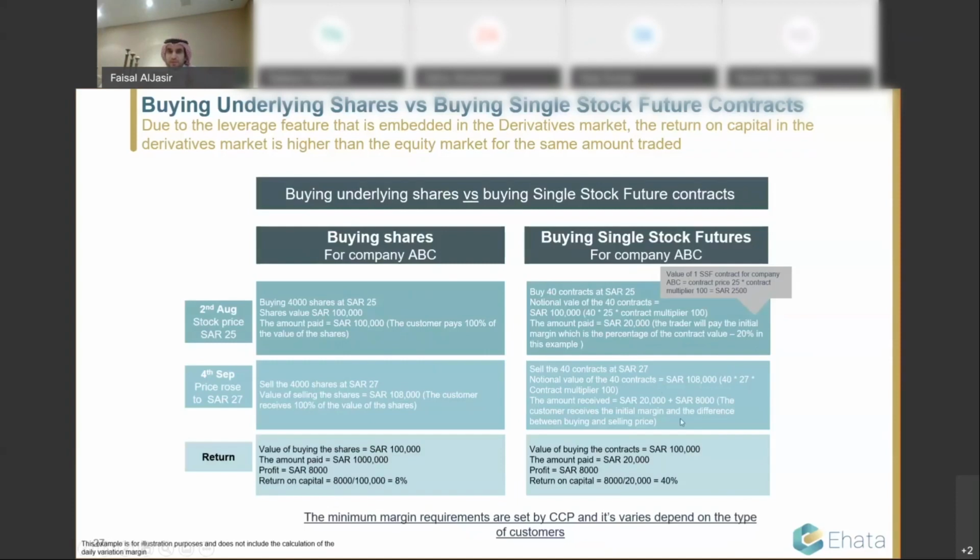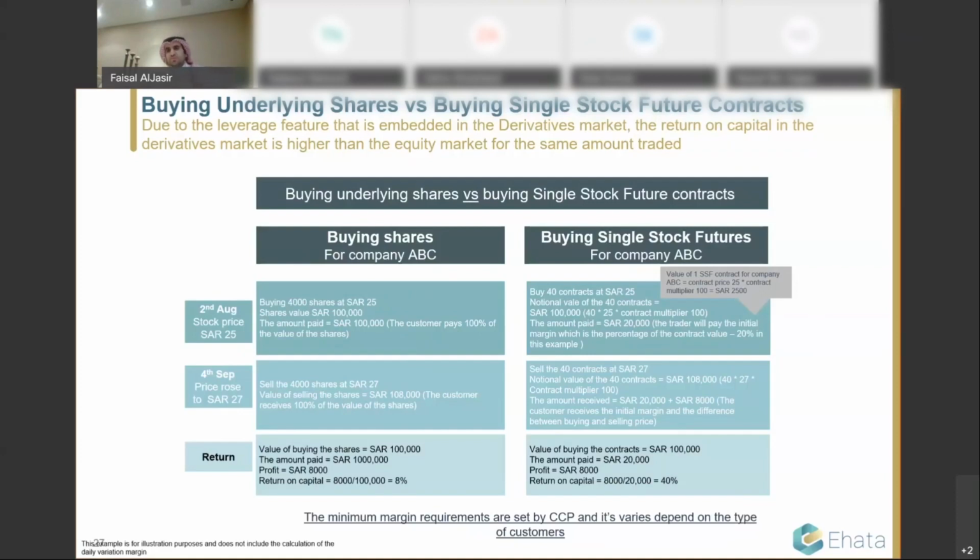So what happens on the 4th of September? All the 40 contracts, the price is 27. It went up. You are a buyer of the future, so you made money. You sold that contract at 27, and the exposure is 108.